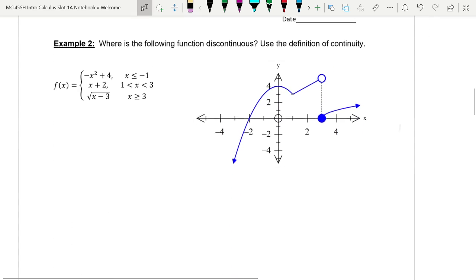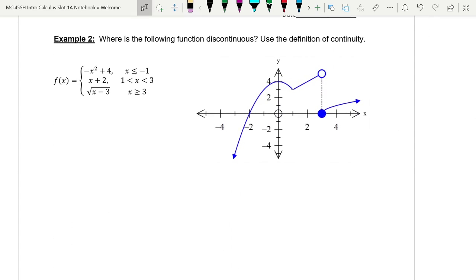All right, example 2. Where is the following function discontinuous for this one? And again, use the definition of continuity. So this is interesting. If I trace this thing with my pen, I don't really have to lift my pen here, but it certainly does change direction.